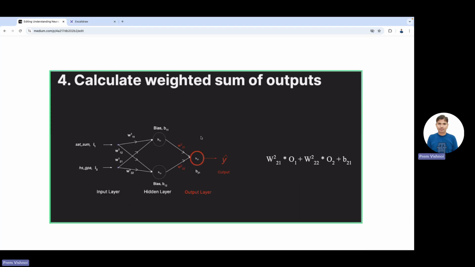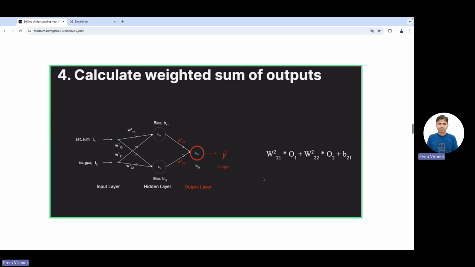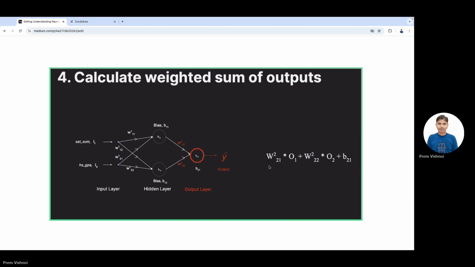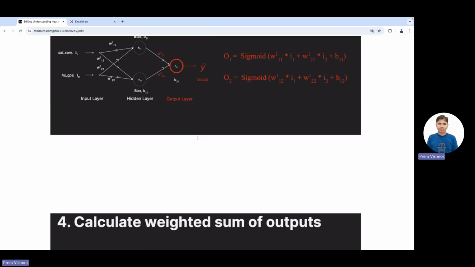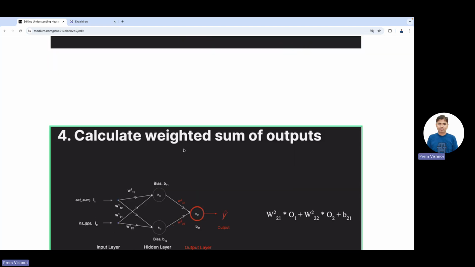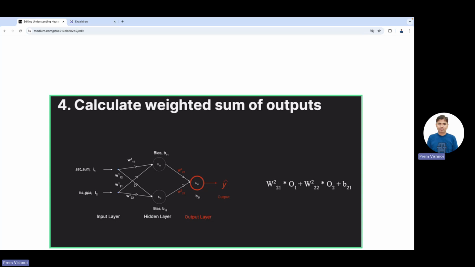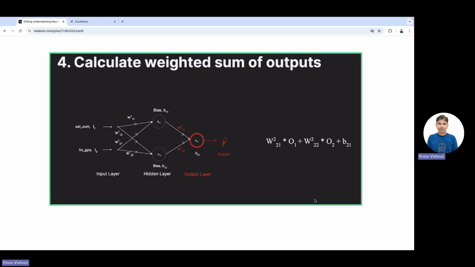Calculate the weights. So this is the formula, right? The formula is W into X plus something, right? Here W21 into O1, W22 into O2 plus bias B2.